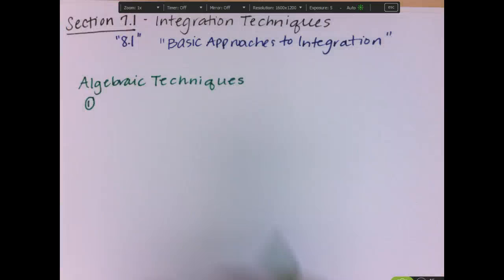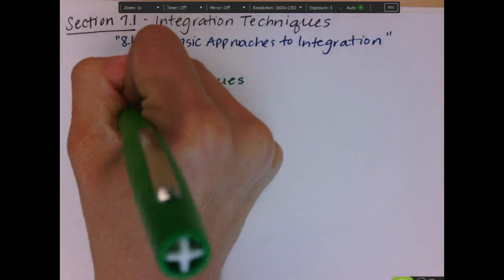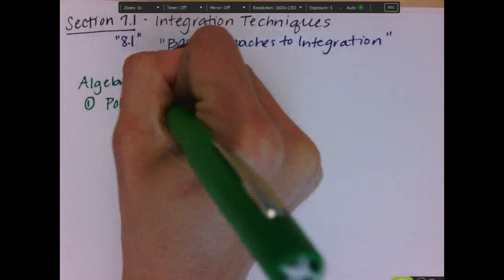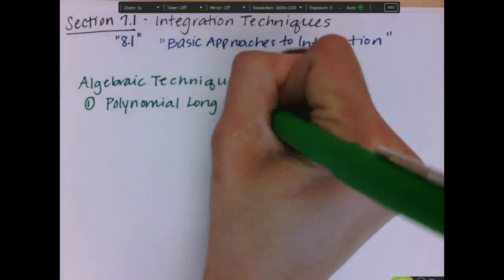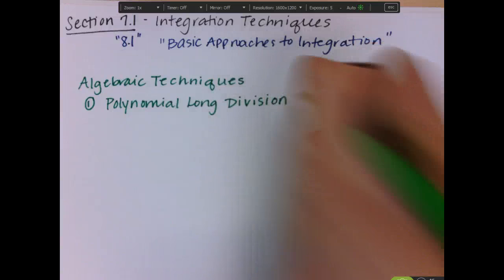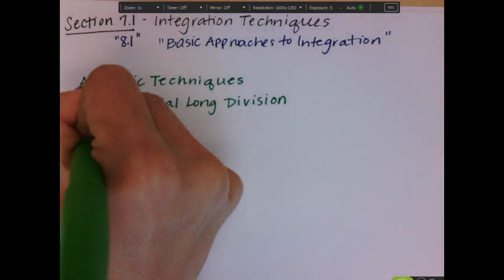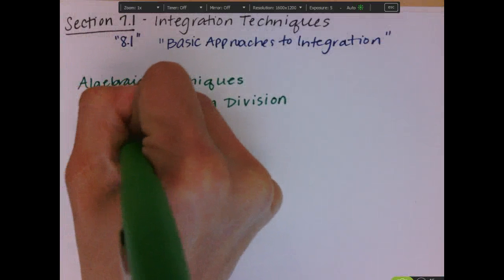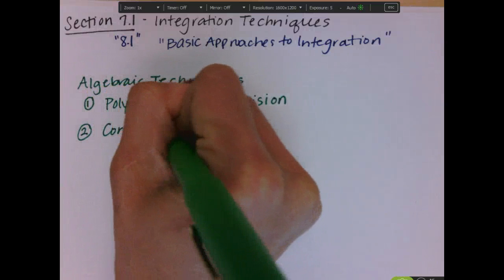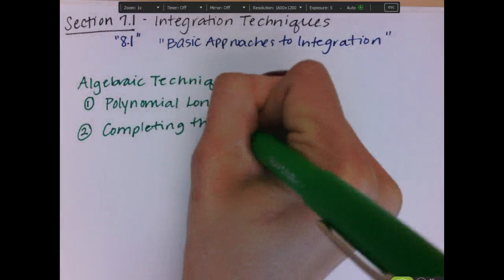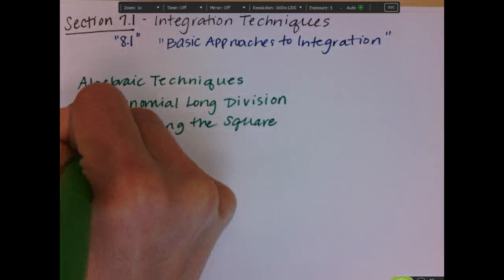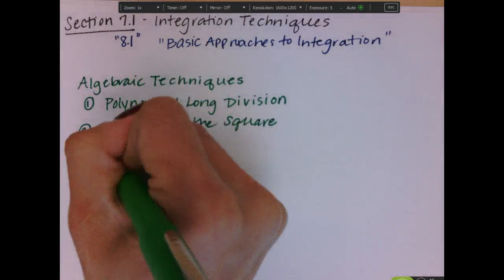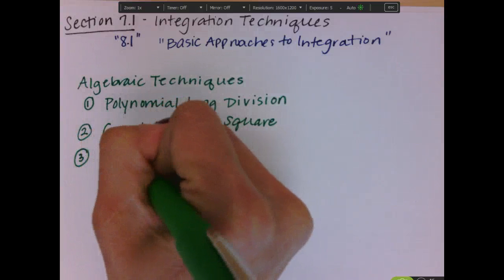The first one is polynomial long division. The second is a process from algebra called completing the square. And the third is multiplying by a conjugate.